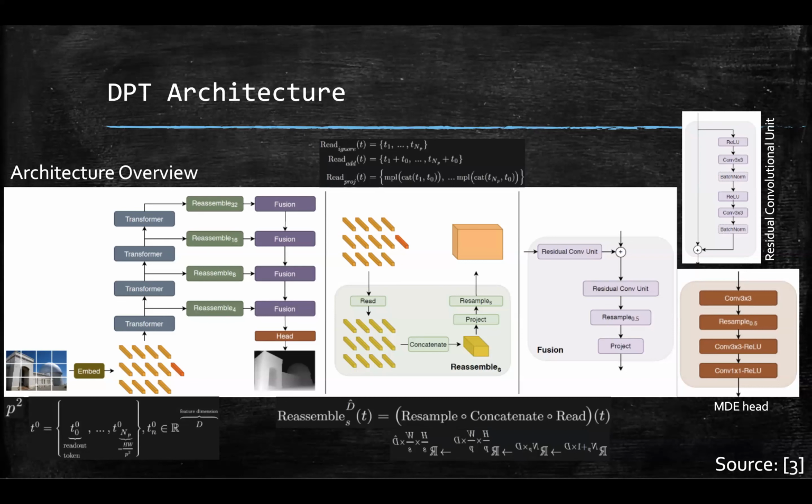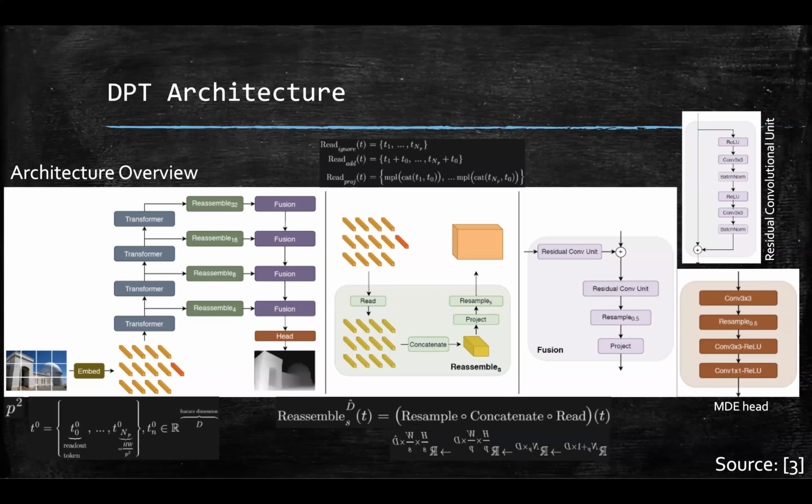The input image is transformed into tokens, those orange or yellow things here, either by extracting non-overlapping patches followed by linear projection of their flattened representation. That is done for DPT base and DPT large, or by applying a ResNet-50 feature extractor for DPT hybrid.